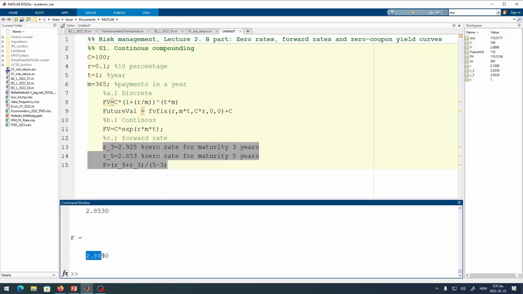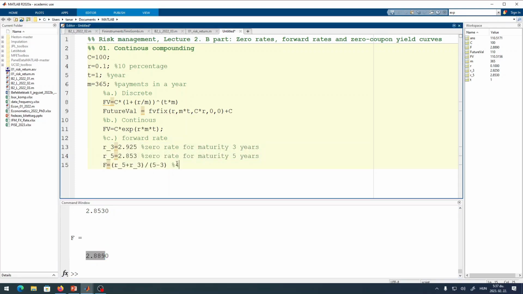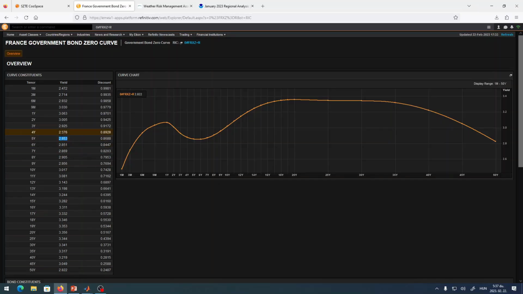So 2.889 must be the forward rate. And it's not.